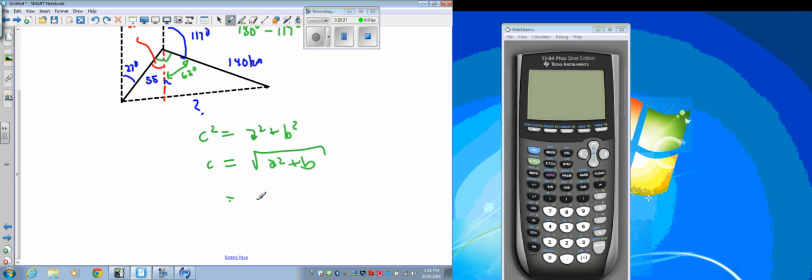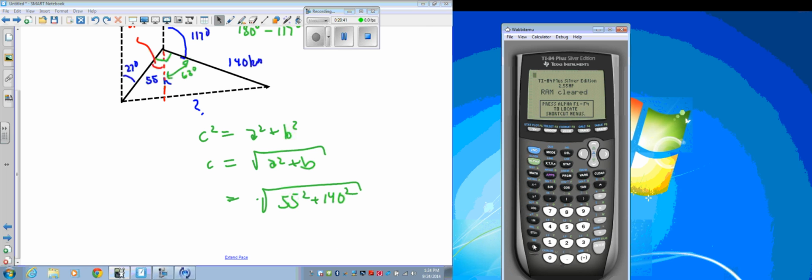So when we put it in the calculator, we're just going to go the square root of 55 squared plus 140 squared. And we'll do that all at once, right? What we want to do as much as possible is have the calculator do all of our calculation and do it all at once.